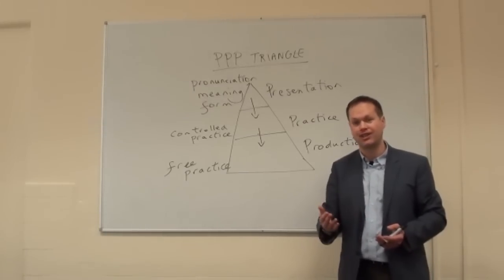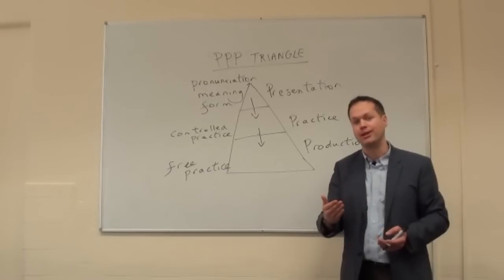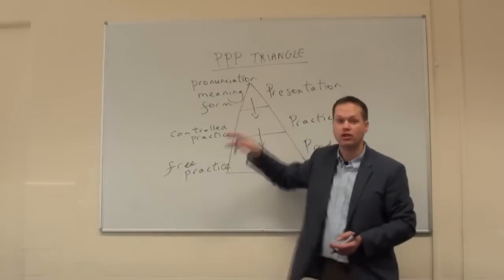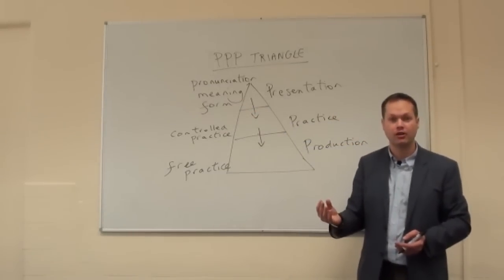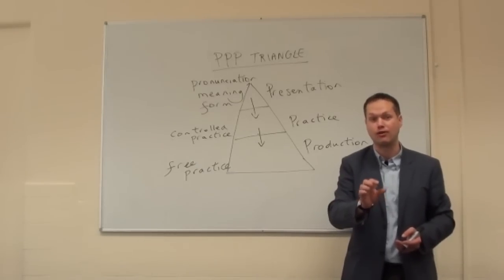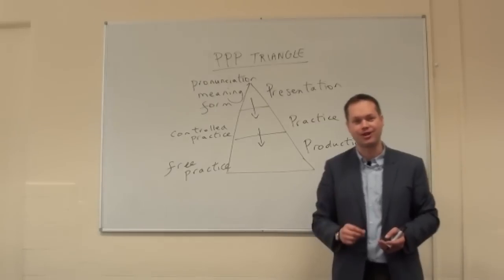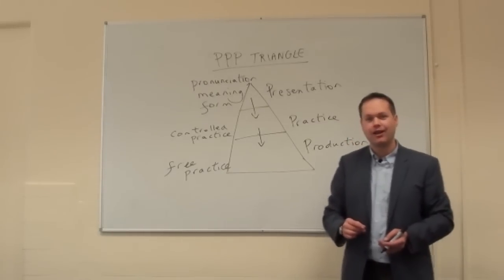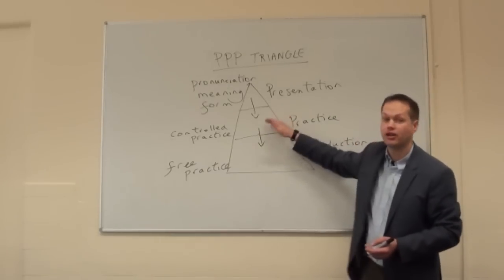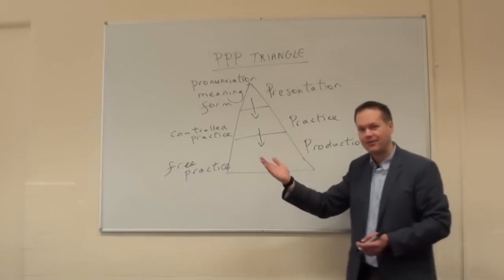Go over the particular area where the problem is. If they're mispronouncing the word, you need to go back and you need to drill the pronunciation again, perhaps break it down even more closely, working on particular sounds that you've noticed are problem areas for the students. Once you're satisfied that they've got it, you can then try again, take a step forward and go on to the next stage again.